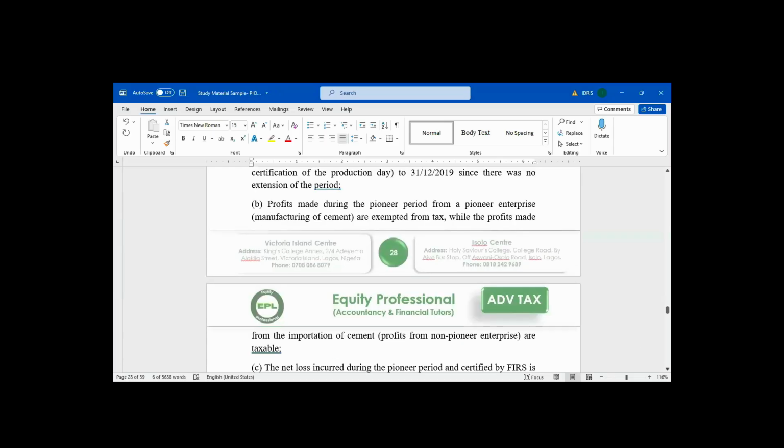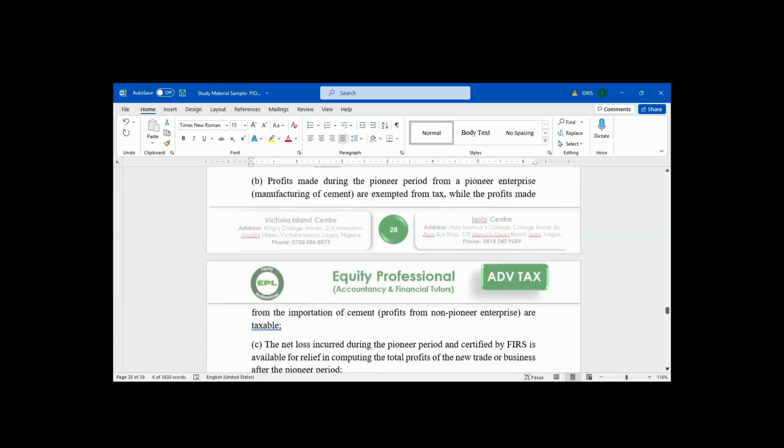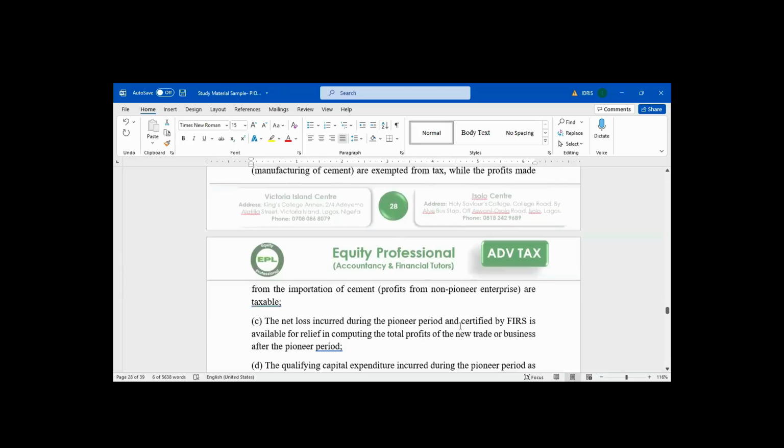The net loss or accumulated loss during the pioneer period, as certified by who? That net loss or accumulated loss during the pioneer period must be certified by who? FIRS.